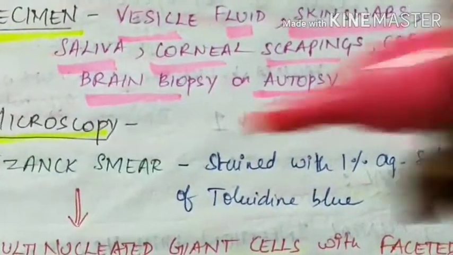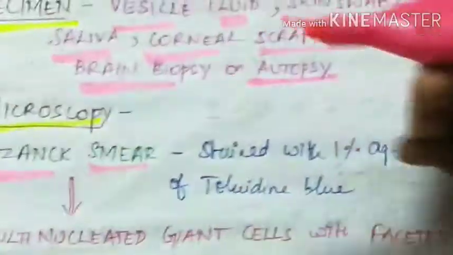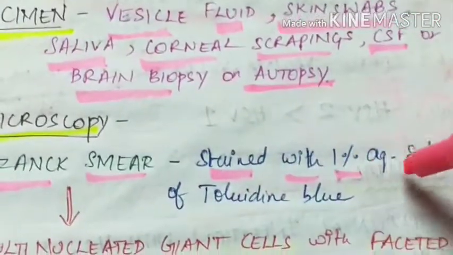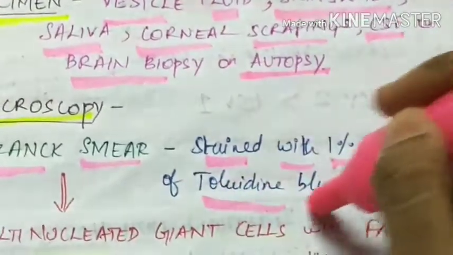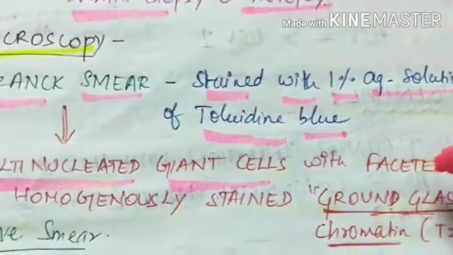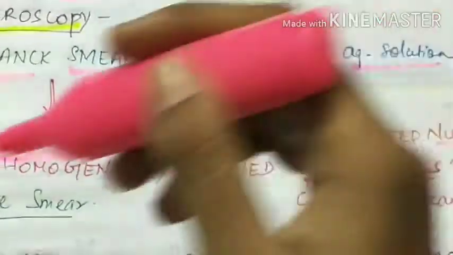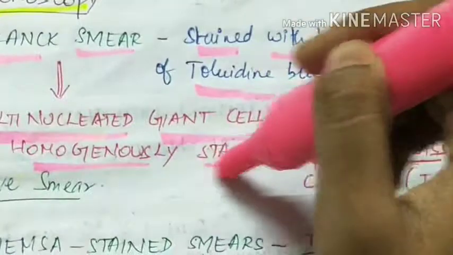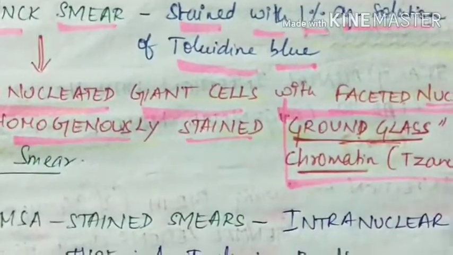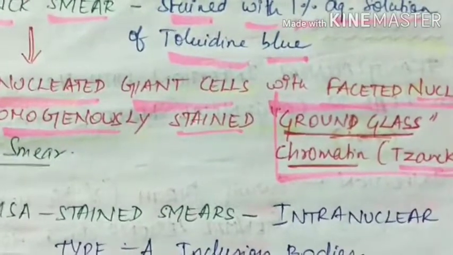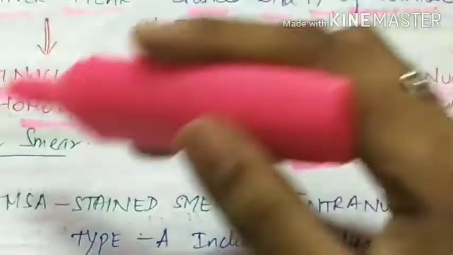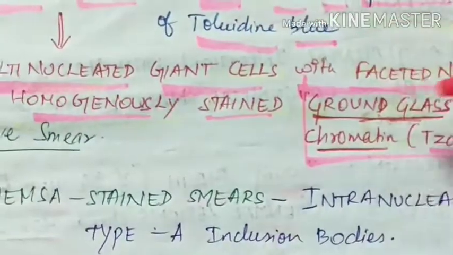In microscopy, Tzanck smear is taken, which is stained with 1% aqueous solution of toluidine blue, in which multinucleated giant cells with faceted nuclei and homogeneously stained ground glass chromatin are seen. So these are called Tzanck cells, multinucleated giant cells with faceted nuclei and homogeneously stained ground glass chromatin.